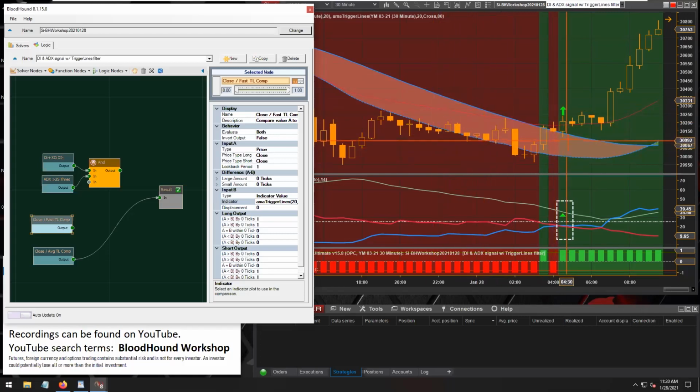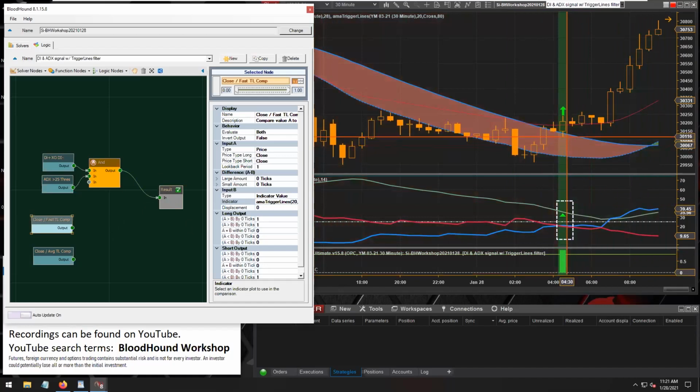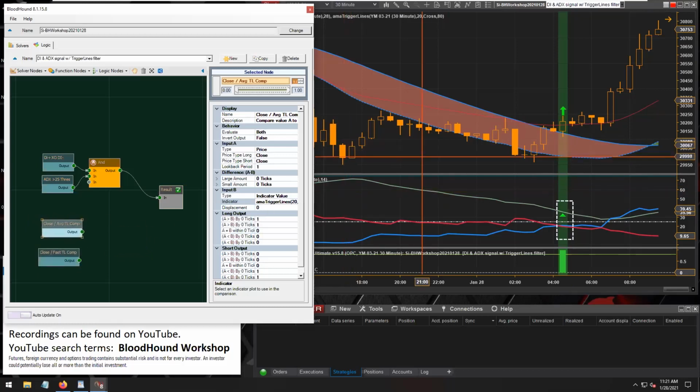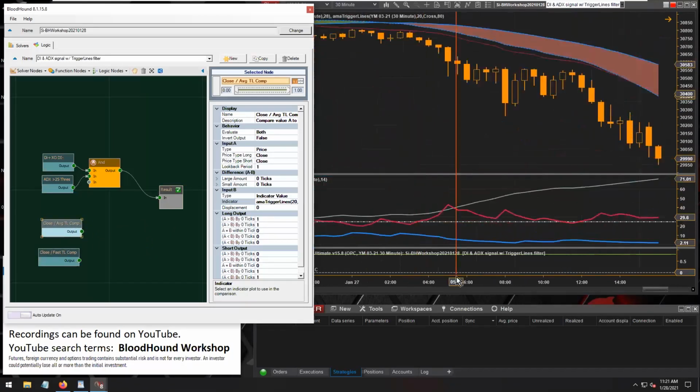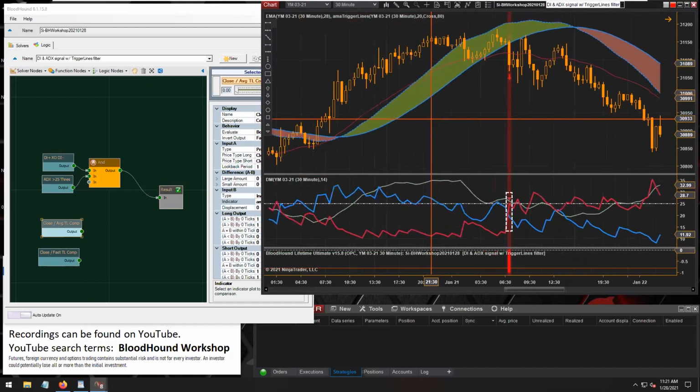Well, actually, what's going to determine that is whether it's a long signal or a short signal. So in this case, we have a long signal. So we would want to compare to the slower. Yeah, we'd want to compare to the slower.